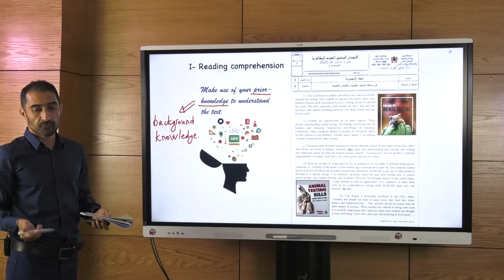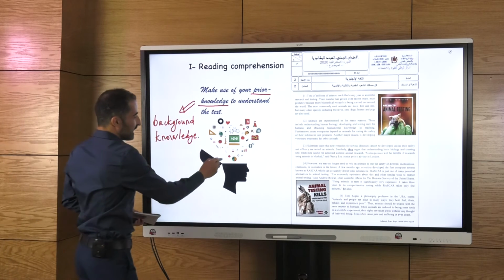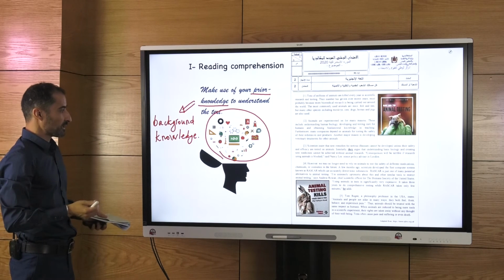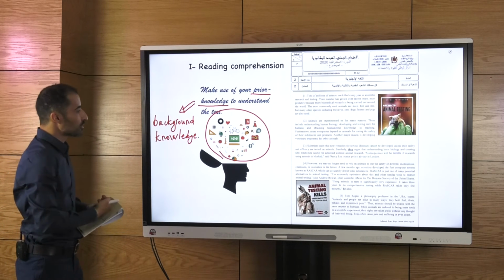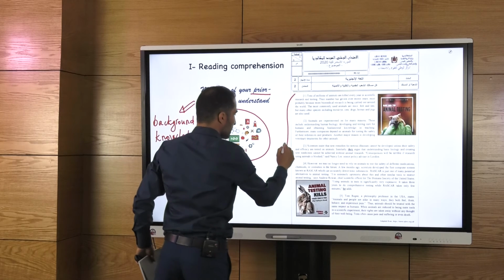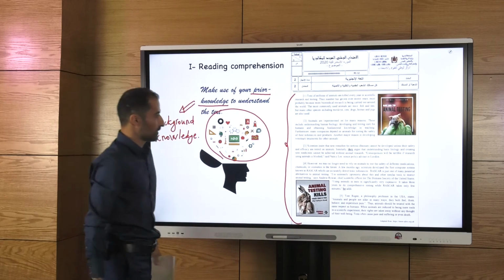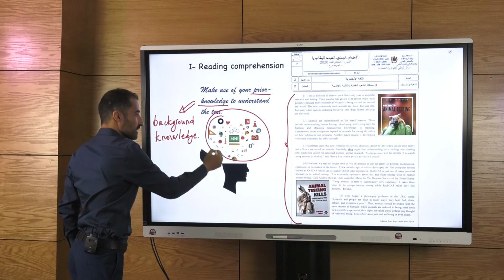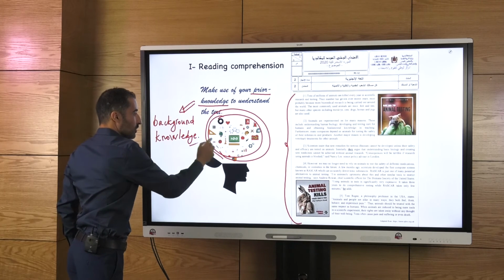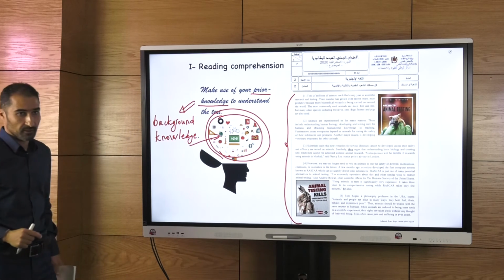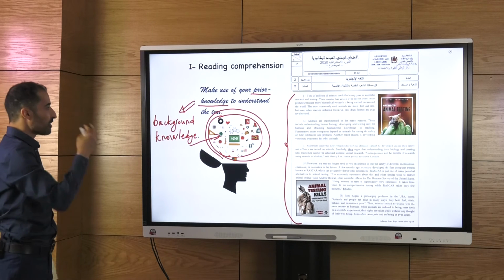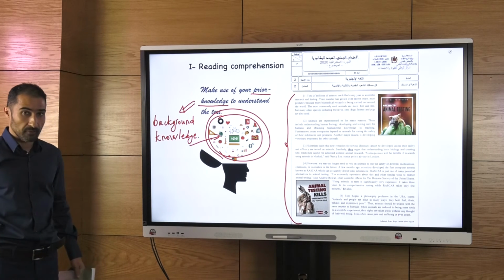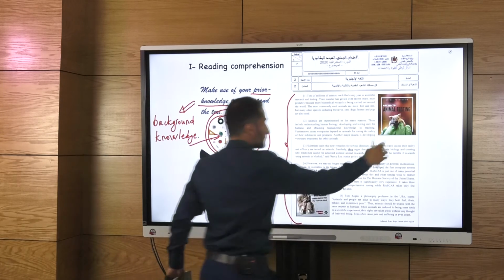So most of you or all of you have enough experiences in life that allow you to know the meaning of the reading comprehension text just by making reference to the experiences and the information which is in your mind. So try to make use of all the prior knowledge, of all the information which is stored in your mind. This is going to help you understand the text.